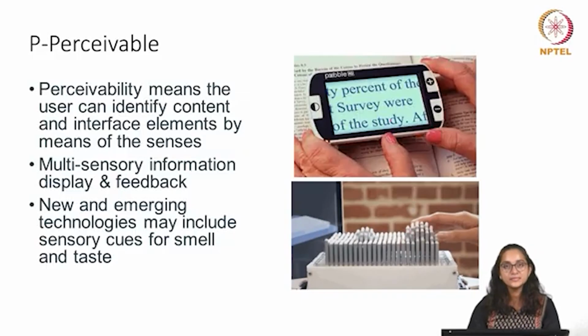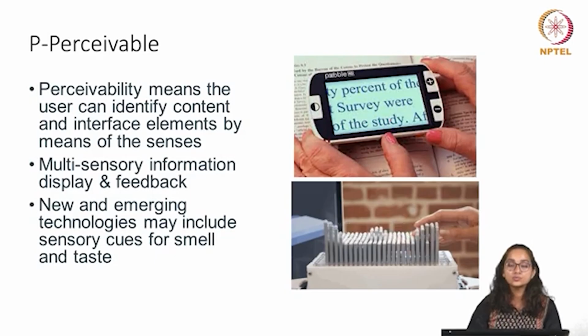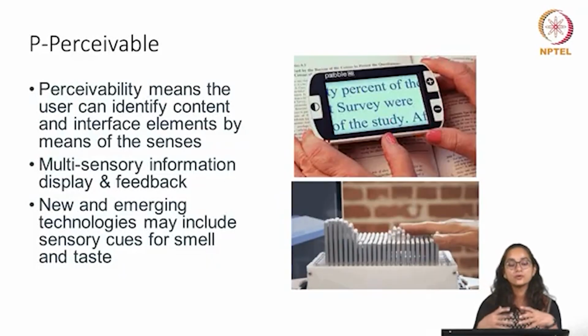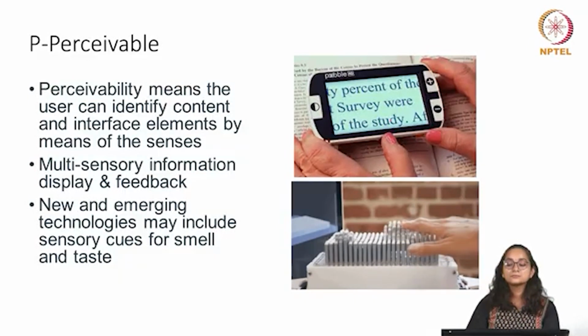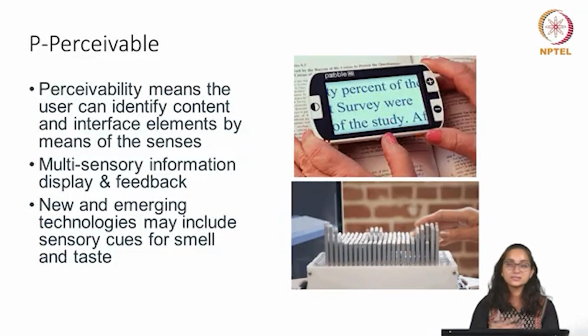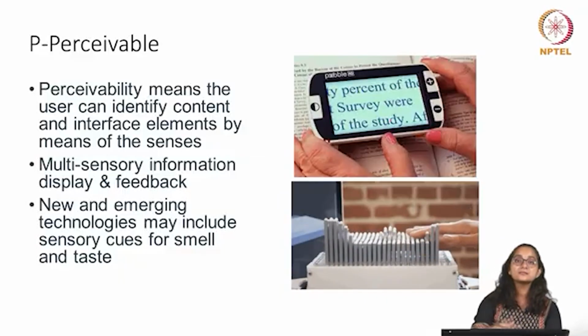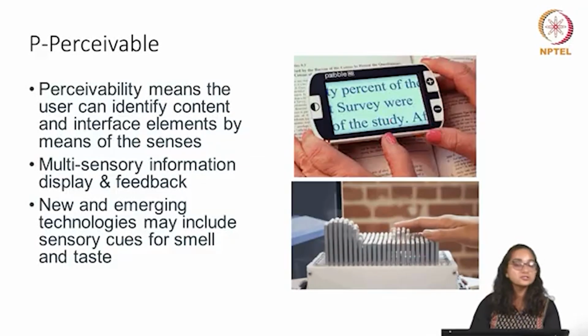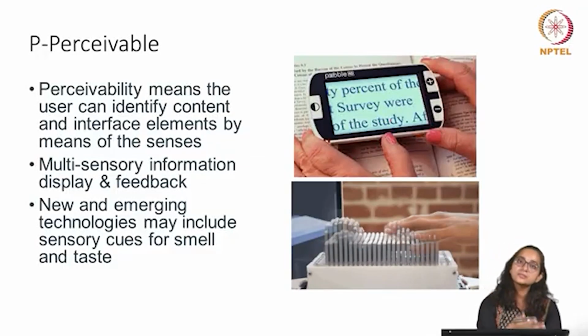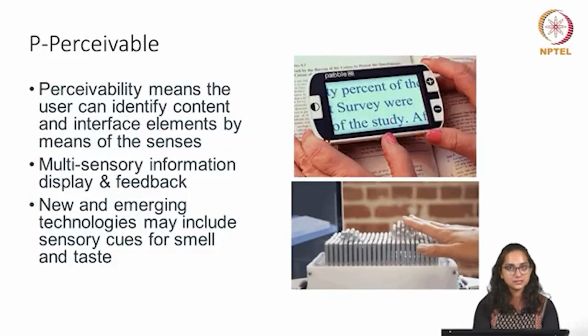So perceivability of any information means that the user can identify content and interface elements by means of their senses, right? But as we have discussed in previous sessions, there may be several sensory limitations which are possible, and they may not just be permanent limitations, there may be situational or temporary limitations as well.